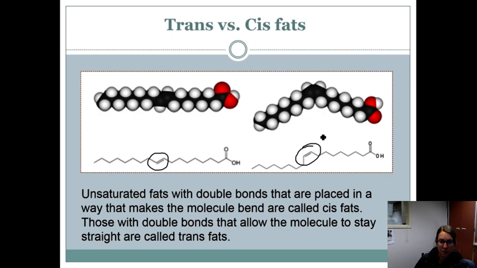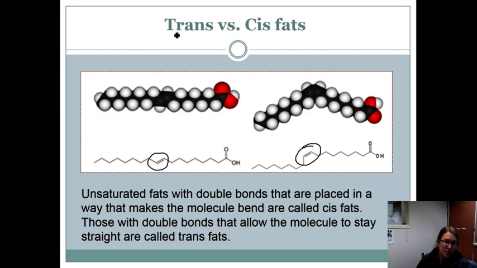These cis double bonds are found in most natural products that have unsaturated fats, whereas the trans ones are usually created through a manufacturing process called partial hydrogenation, where they're trying to make a fat more solid, and so they'll take an unsaturated fat and break some of the double bonds and make it more like a saturated fat, so it gets more solid.